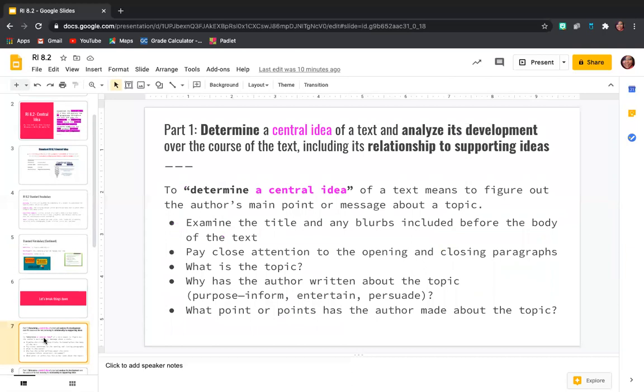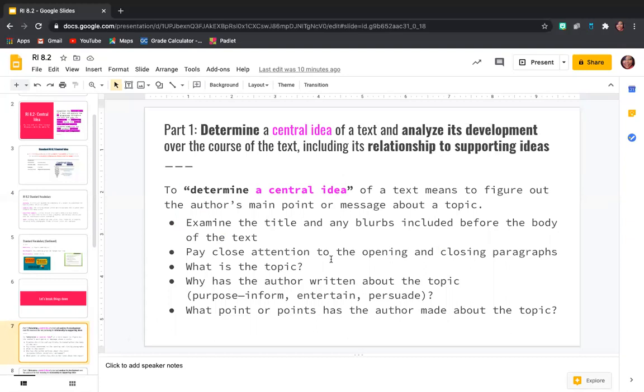Now we're going to break things down. You can break the standard down into two parts. Part 1, determine a central idea of the text and analyze its development over the course of the text, including its relationship to supporting ideas. To determine a central idea of the text means to figure out the author's main point or message about a topic.